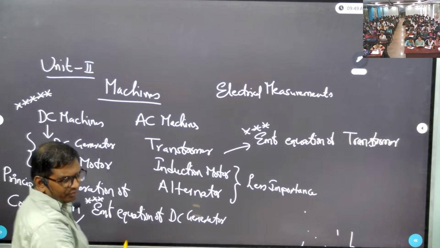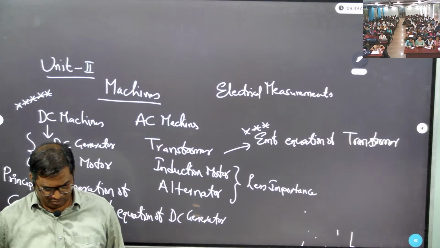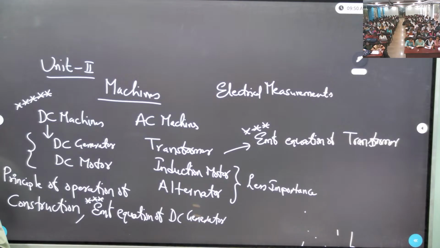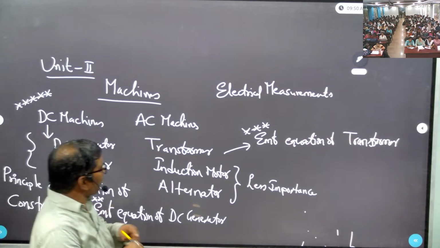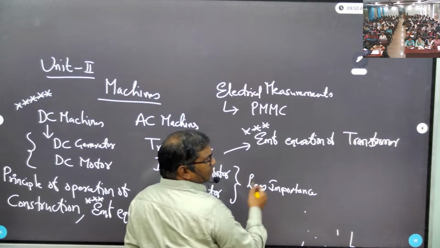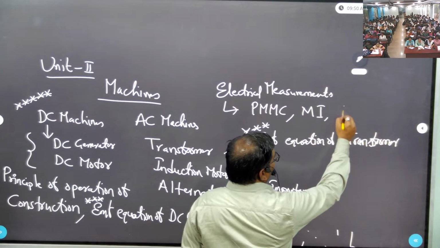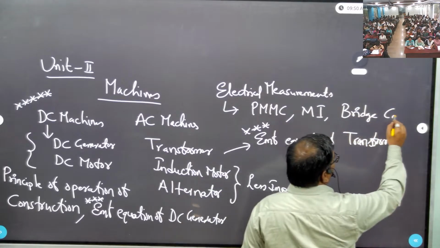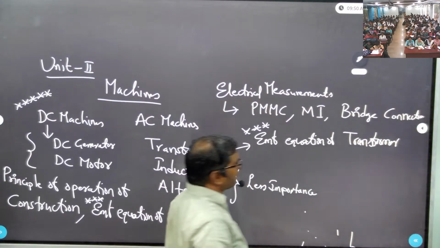In electrical measurements, there is only a single topic: what is meant by PMMC and MI instruments, and one bridge. So these are the three topics.